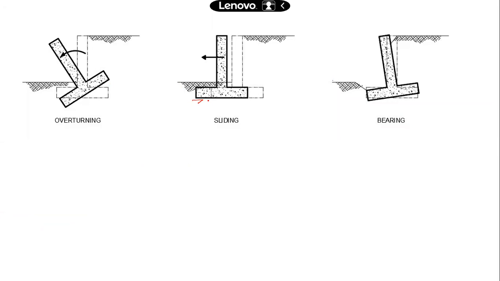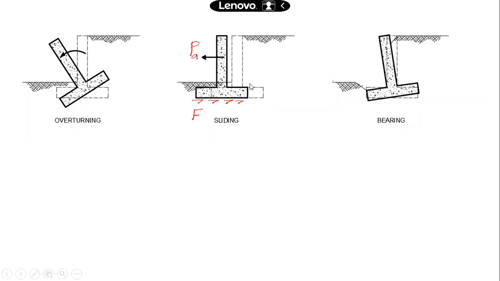This friction will try to prevent the sliding of the retaining wall. Now, this horizontal force is nothing but the active earth pressure, PA, which we had calculated. If PA exceeds the frictional force at the base, then it will slide. So we need to check and ensure that sliding won't happen.